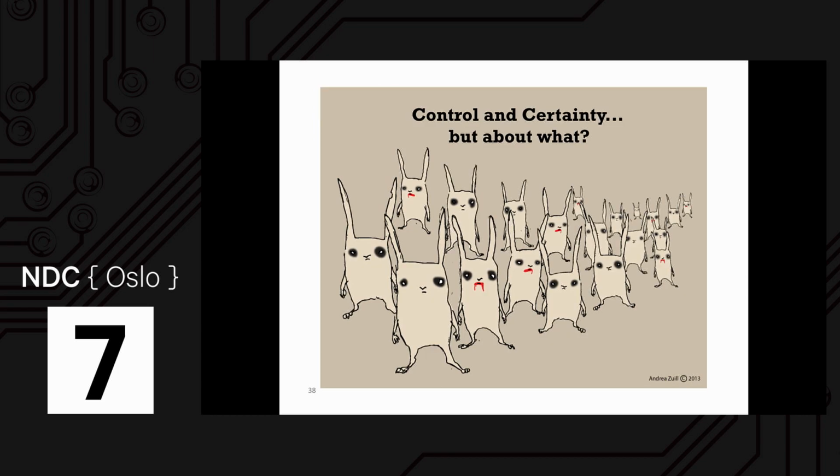So first of all, we want control and certainty. Control and certainty may be a problem. When we ask to have control and certainty, maybe there's something else we should be talking about. And in this case, we're talking about we want control and certainty of the time, the cost.